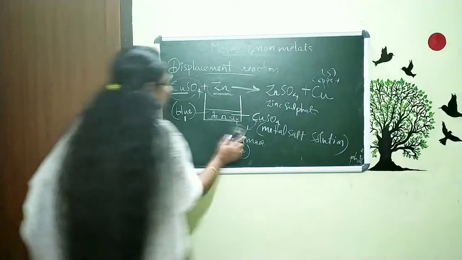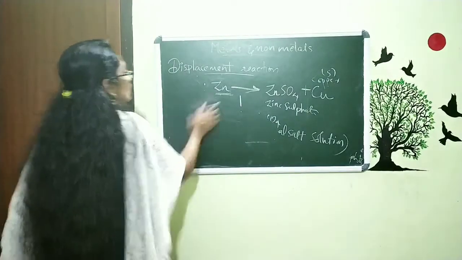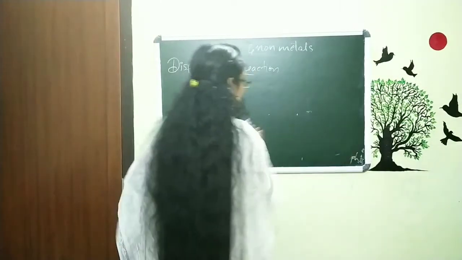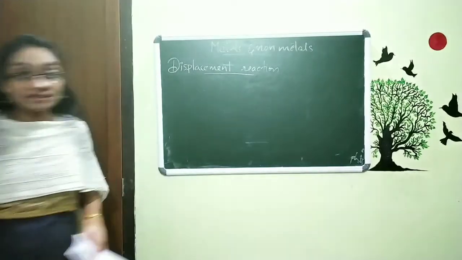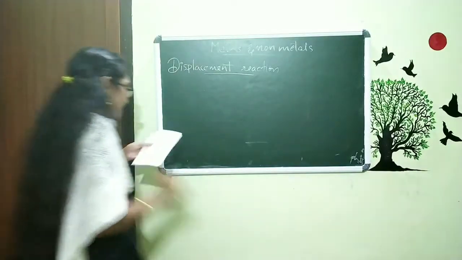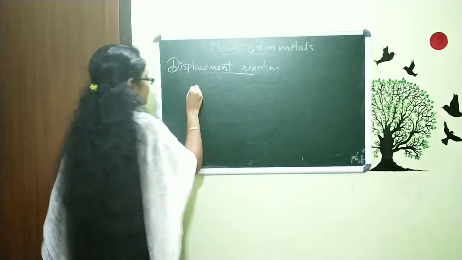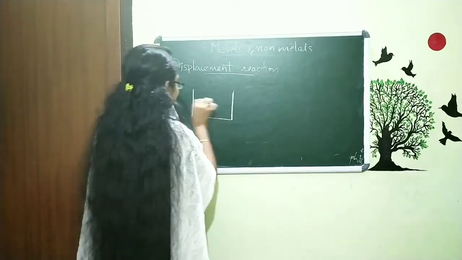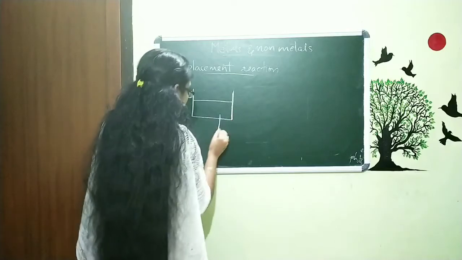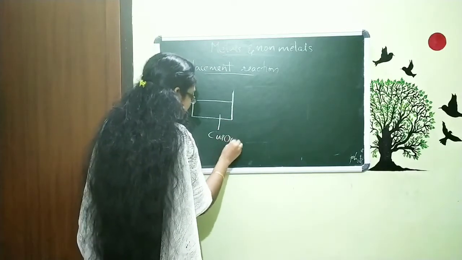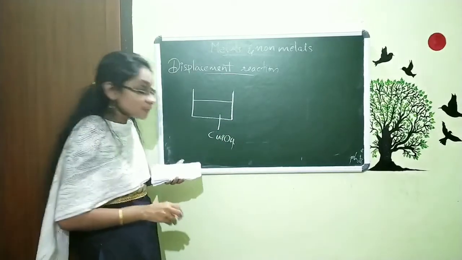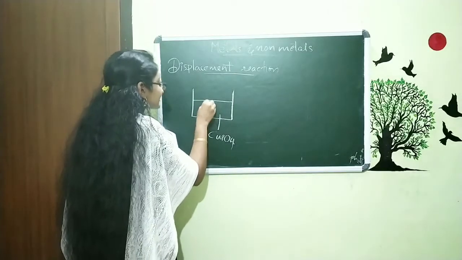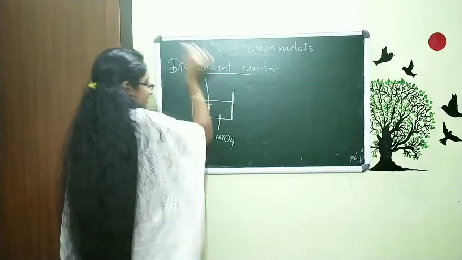And now we are discussing Beaker B. This is what happens in Beaker A. And in Beaker B, we just collected copper sulfate solution and we just kept an iron nail.